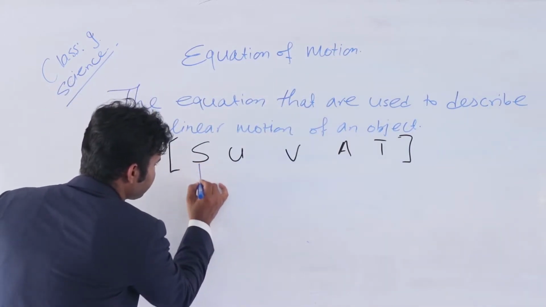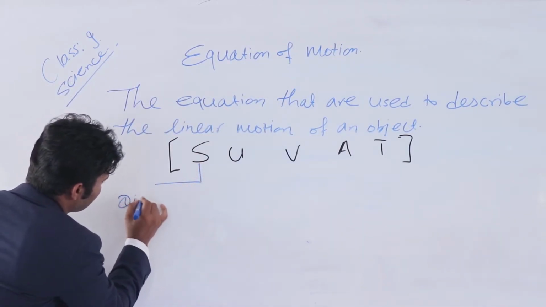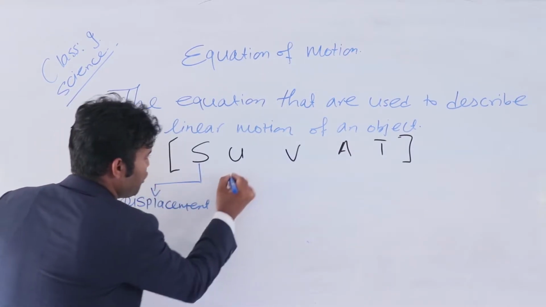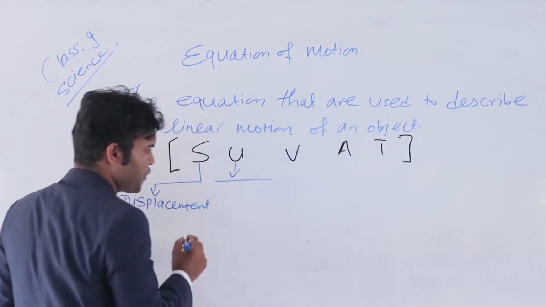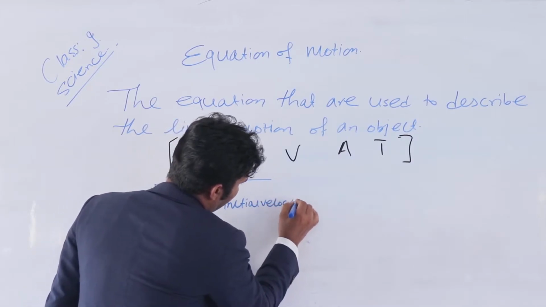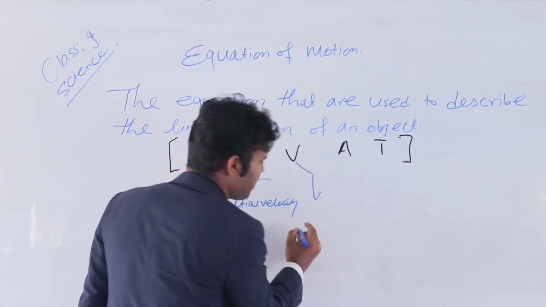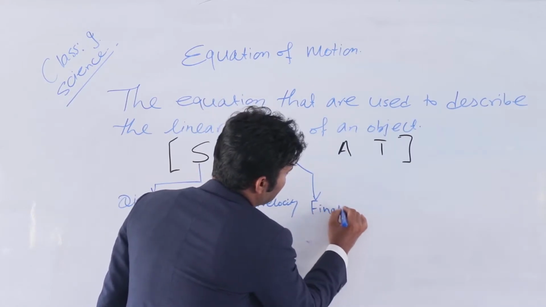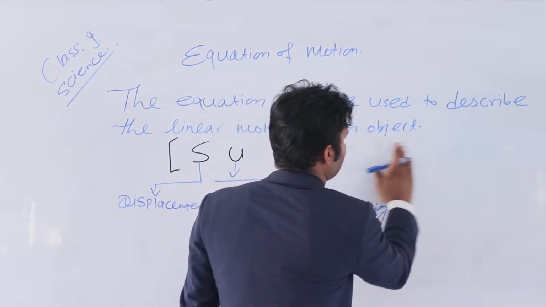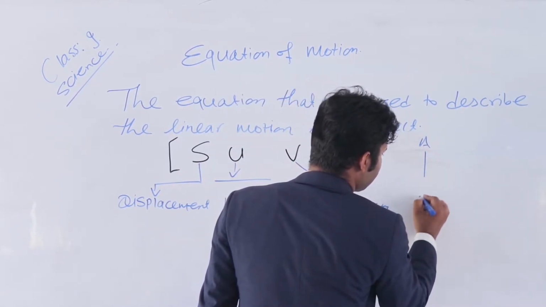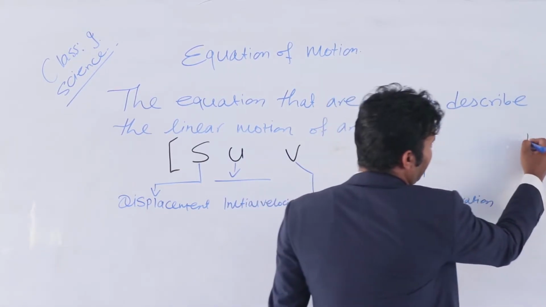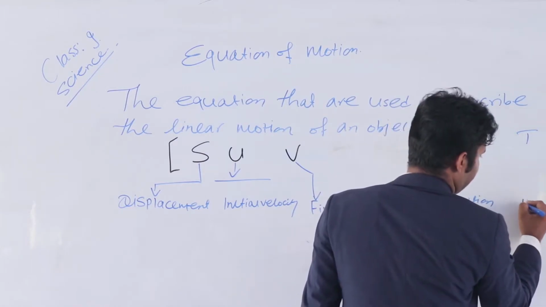S means displacement, U means initial velocity, V means final velocity, A means acceleration, and T means time taken or time.